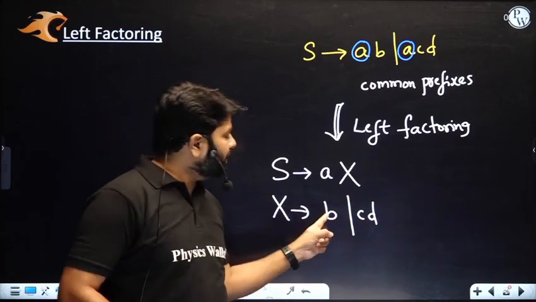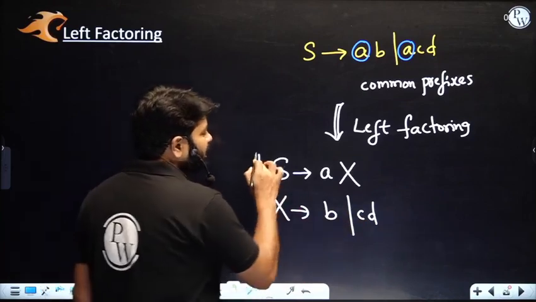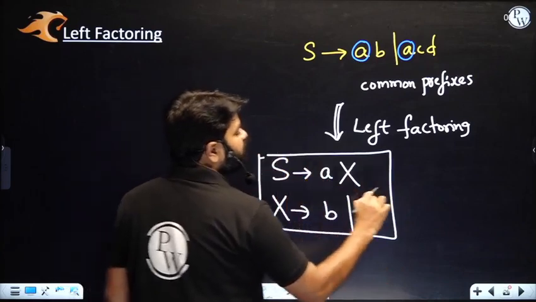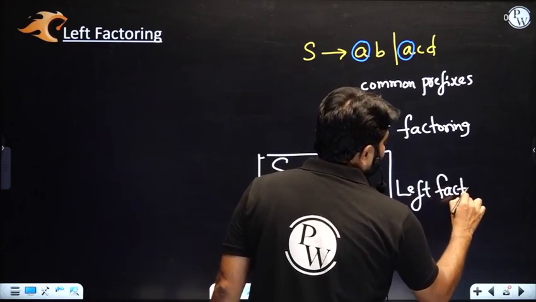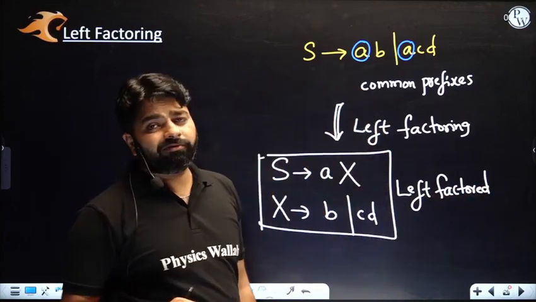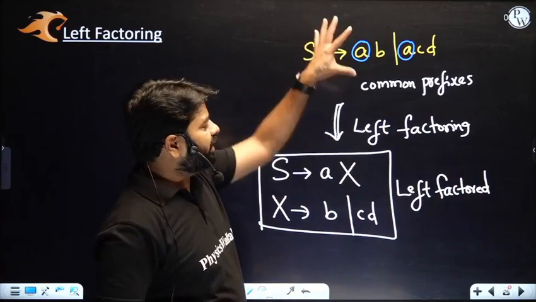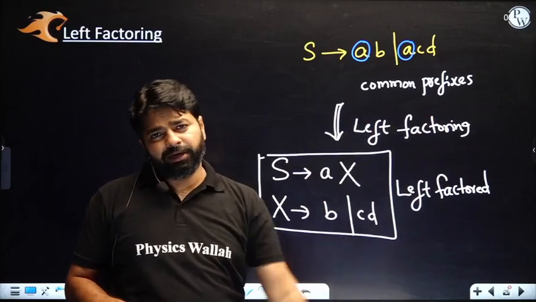But right now B and C are different prefixes for these 2 productions, so this is called a left factored grammar. What is this called? Left factored grammar. And the earlier grammar is non-left factored. So you make a non-left factored grammar left factored with the help of common prefix elimination.